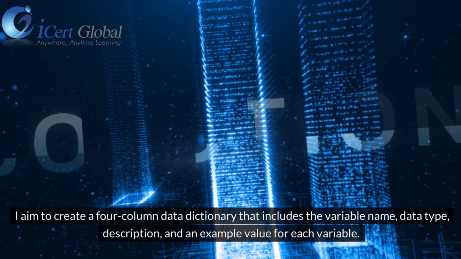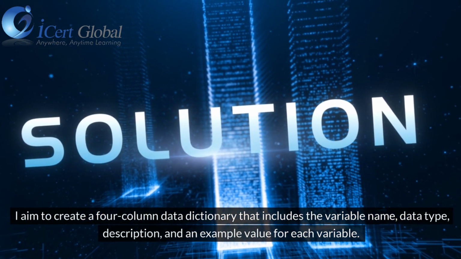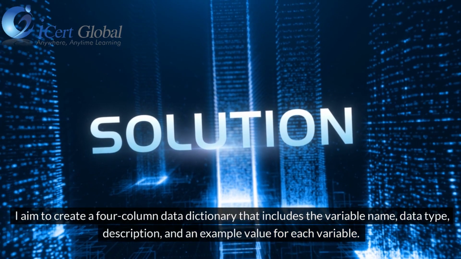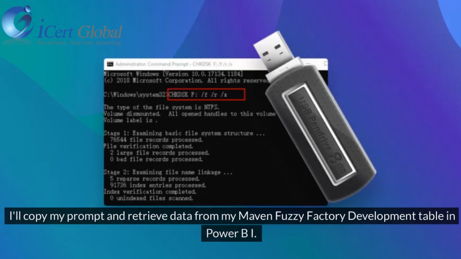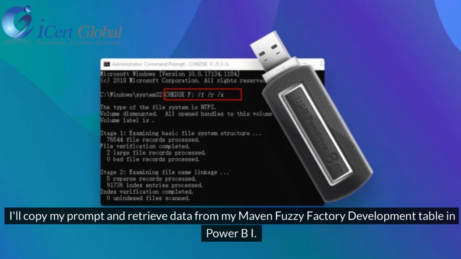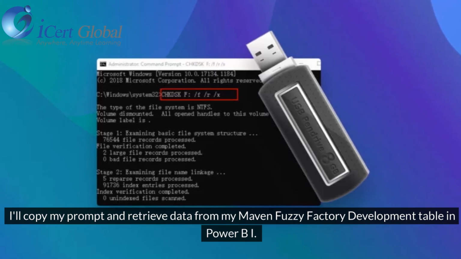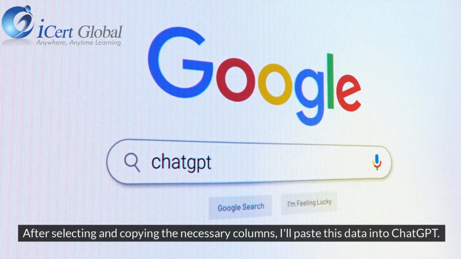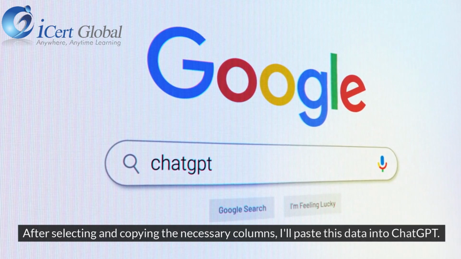I aim to create a 4-column data dictionary that includes the variable name, data type, description, and an example value for each variable. I'll copy my prompt and retrieve data from my Maven Fuzzy Factory development table in Power BI. After selecting and copying the necessary columns, I'll paste this data into ChatGPT.